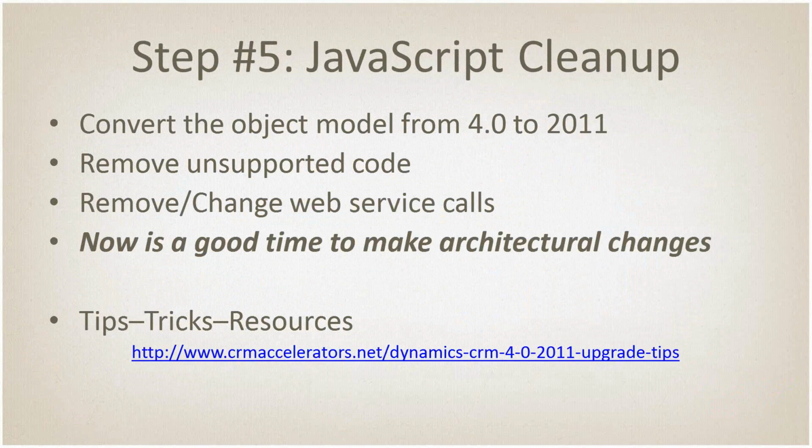So anything where you're actually making web service calls to do things like create records or perform retrieve operations or things like that, those have to be upgraded. So if you get all that stuff cleaned up, this would be a really good time to make any architectural changes.